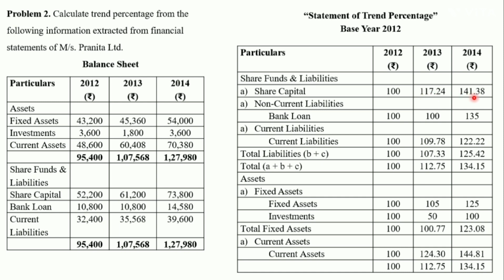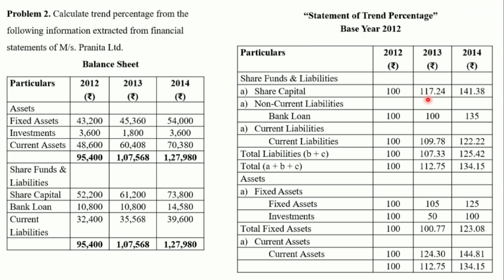Similarly, for 2014, the figure of share capital is 73,800 divided by 52,200. Why 52,200? Because this is the base year we consider. That's why we have to divide the statement value of that particular year by the base year value into 100.